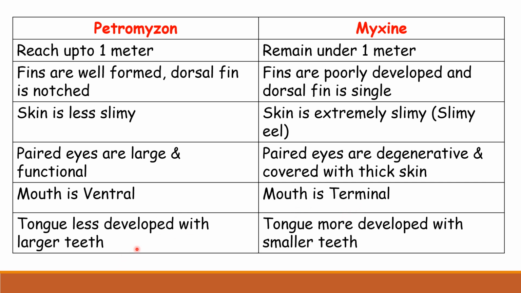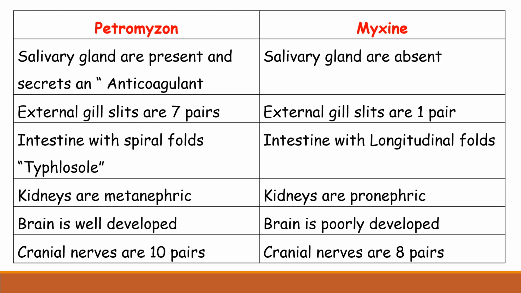Coming to the tongue structure, in lampreys, the tongue is less developed, with larger teeth present. On the other hand, in hagfishes, the tongue is much more developed with smaller teeth. Now coming to the salivary glands, in lampreys, salivary glands are present and they secrete an anticoagulant.